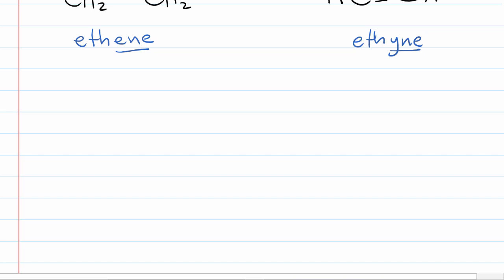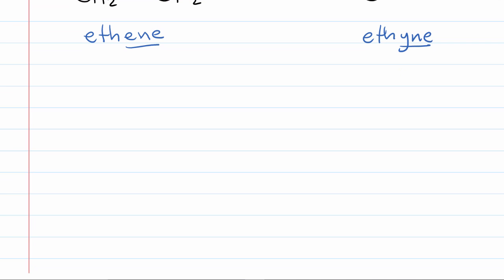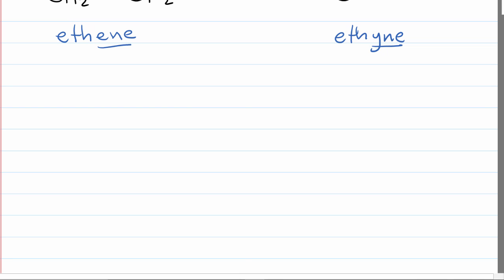Usually the convention when we write them is to show your double bond on your left-hand side. So if we were to write this out, it is going to look like CH2 double bond. Then the next carbon has how many hydrogens? One. And then the next one would have 2, and then the last one would have 3.